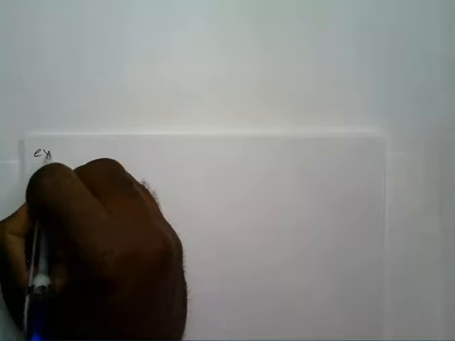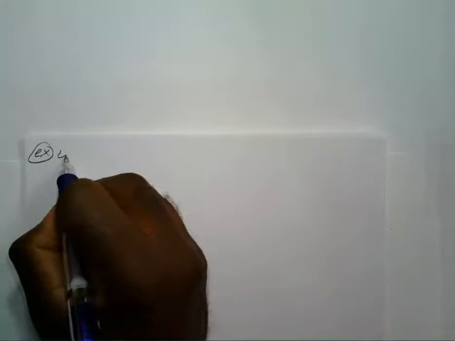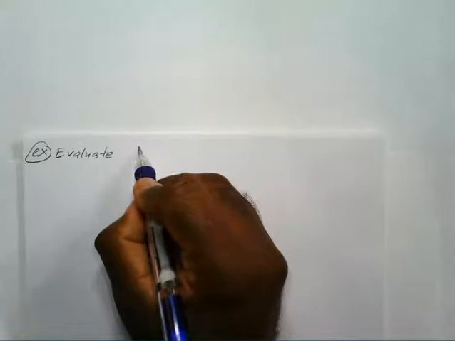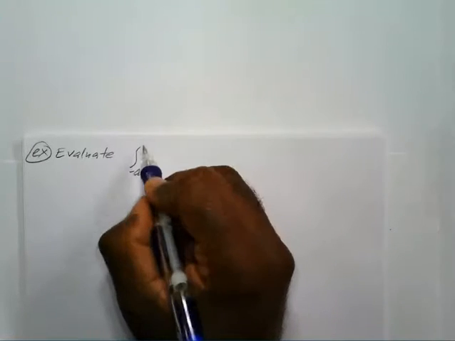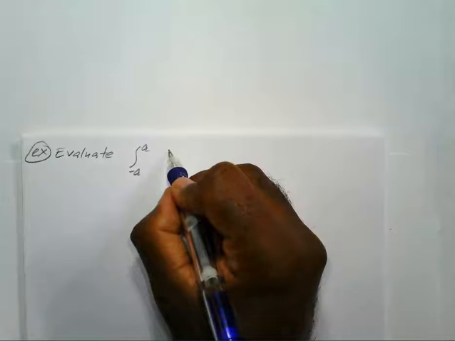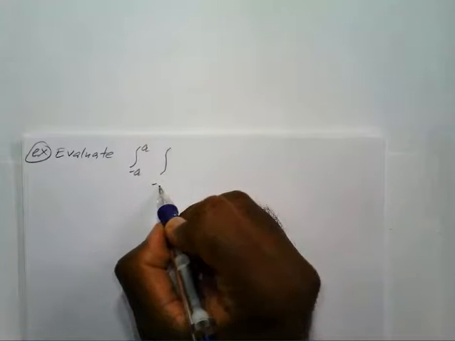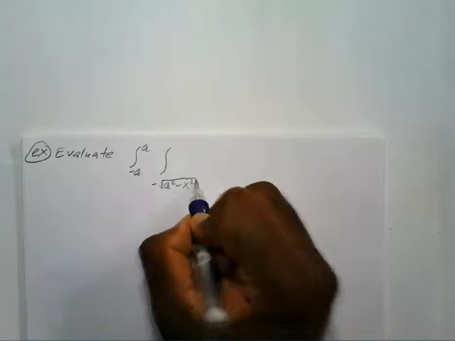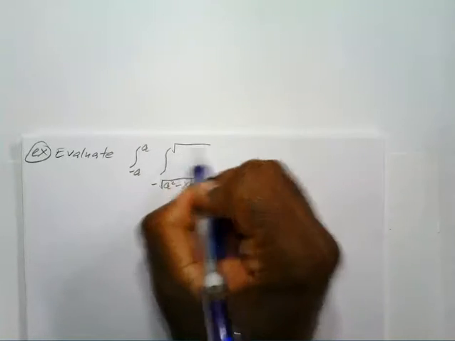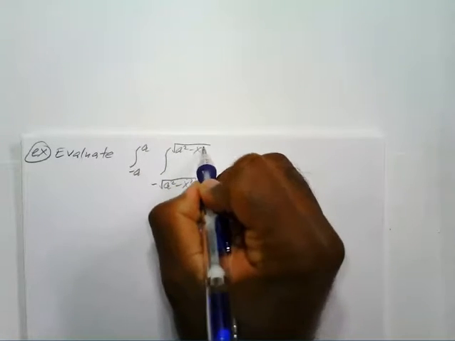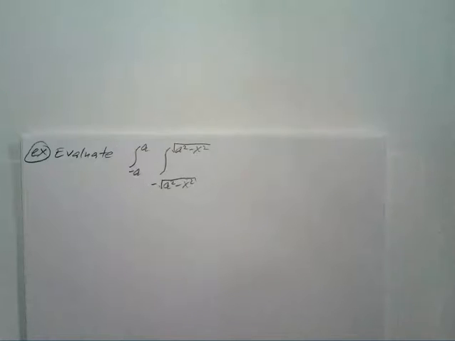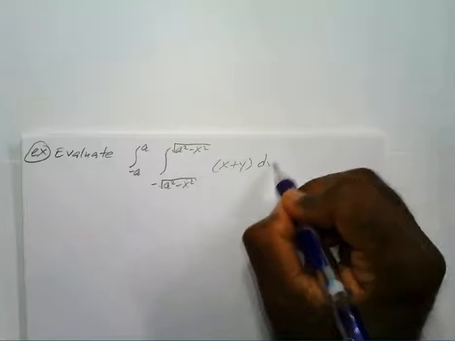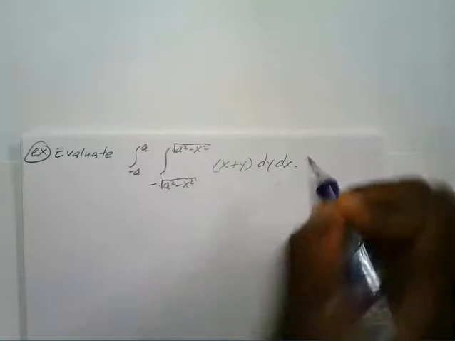Okay, so what if we wanted to evaluate the integral from negative a to a, the integral from negative square root of a squared minus x squared to positive square root of a squared minus x squared of x plus y with respect to y with respect to x.